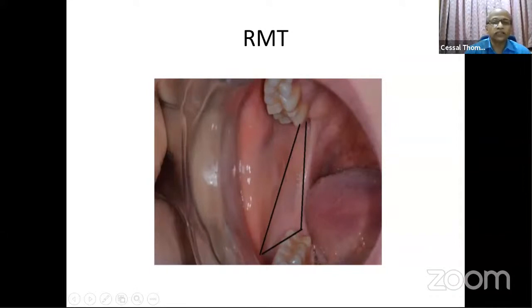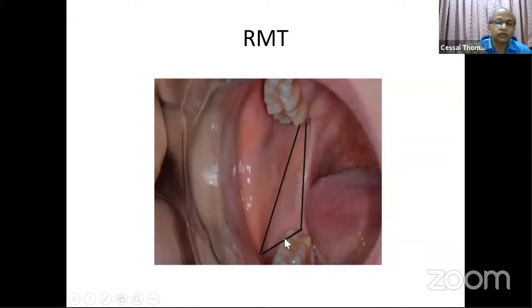In other words, the retromolar trigone is the mucosa. This mucosa lies over the pterygomandibular raphe. What is the pterygomandibular raphe? It is a thickened fascia from the lower end of the medial pterygoid. There is a hook-like thing, the hamulus of medial pterygoid, and from the hamulus it extends down and reaches the mylohyoid ridge on the medial side of the mandible.